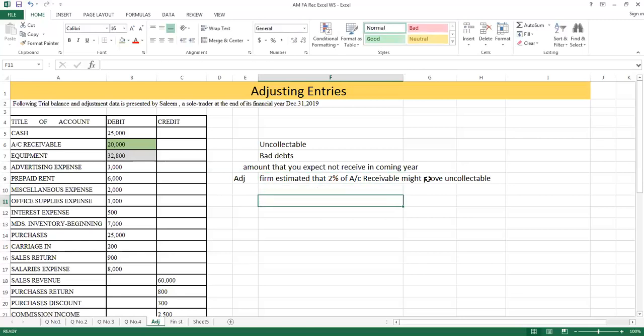If this is the situation given in the question, it means that being a student, you will take 2% of account receivable and you will pass an adjusting entry that this amount might prove uncollectible in the coming year.